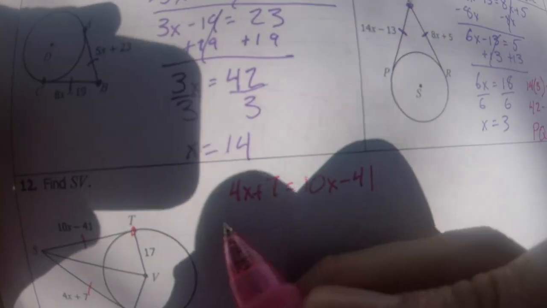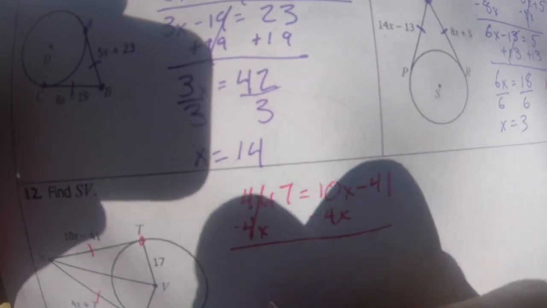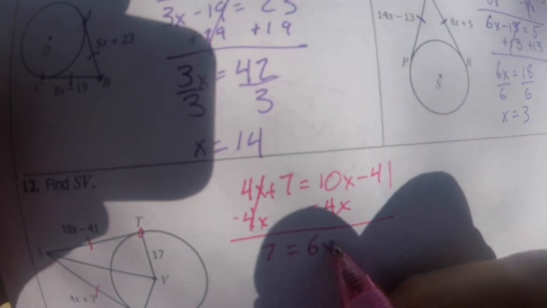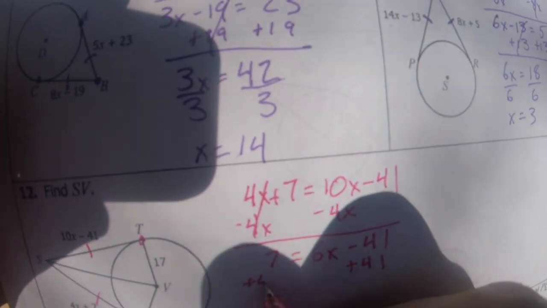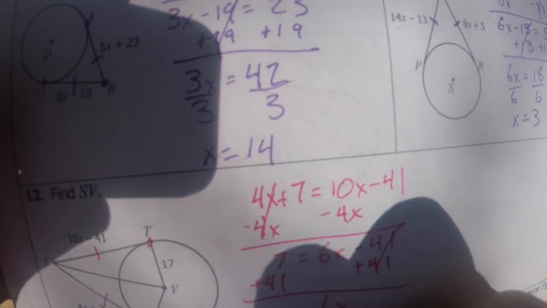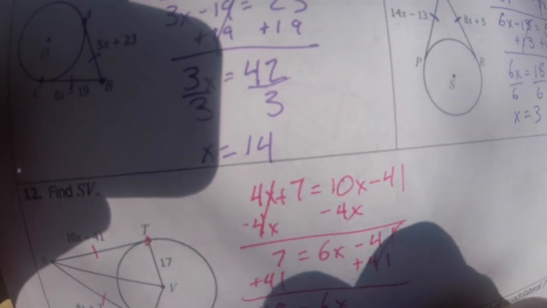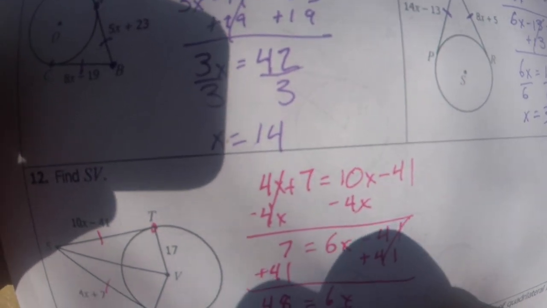Minus 4x, minus 4x. I get 7 equals 6x minus 41. And then when I add 41 to both sides, I get 6x equals 48. And when I divide by 6, I get x equals 8.